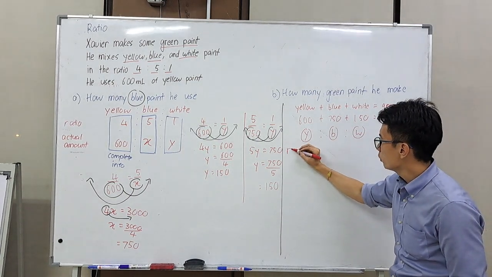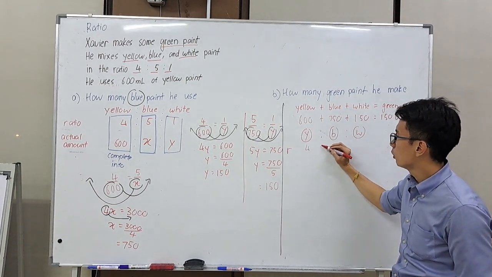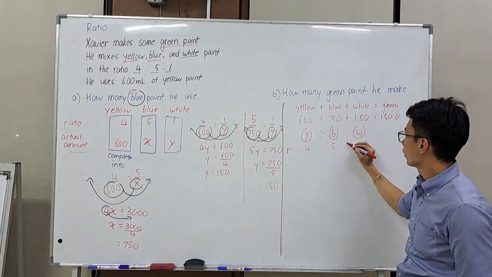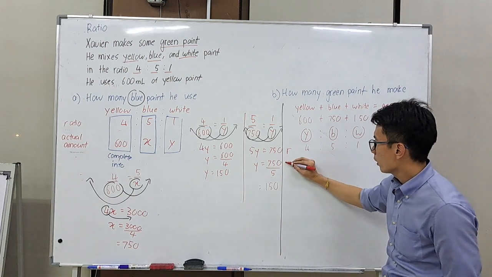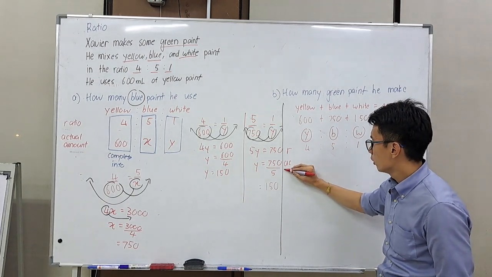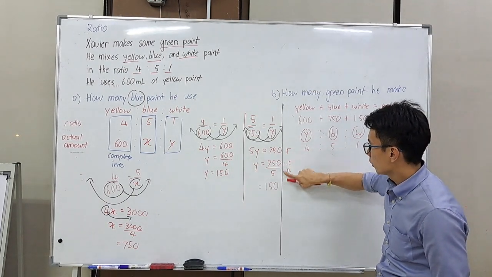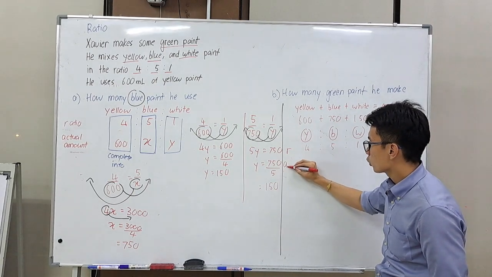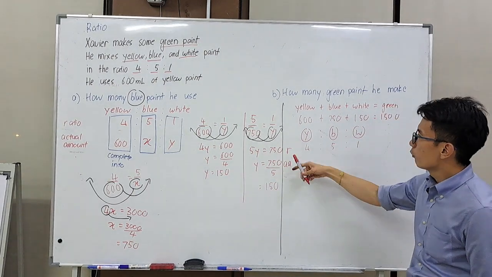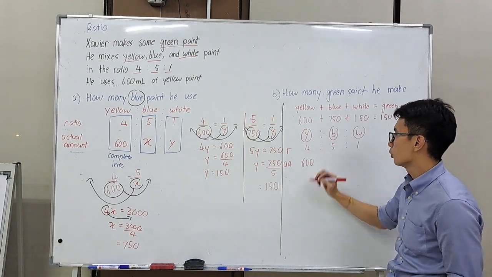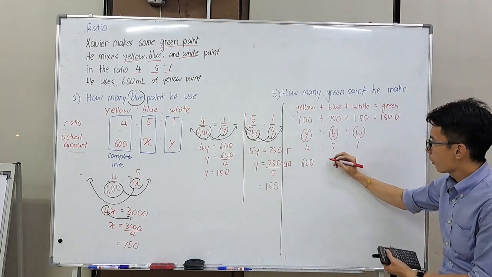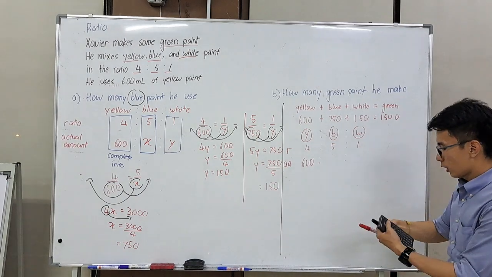And my ratio is 4, 5, and 1. And based on this, my actual amount, I'm just going to write AA, actual amount, all right? I know my yellow is 600, right? Okay, let's just say you know this.